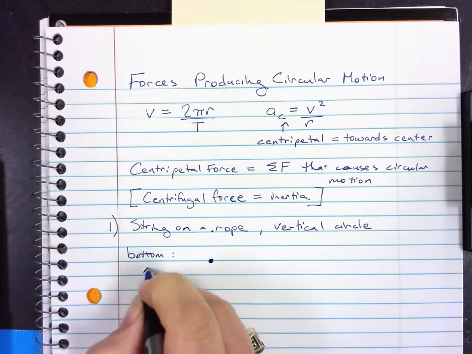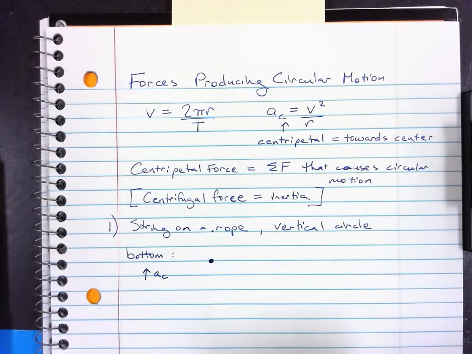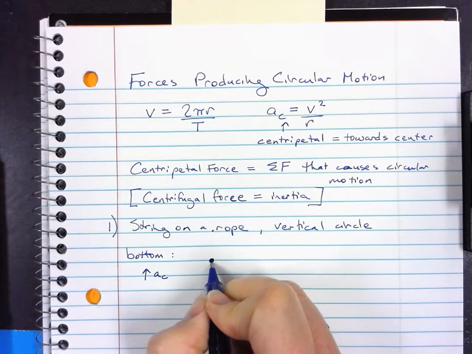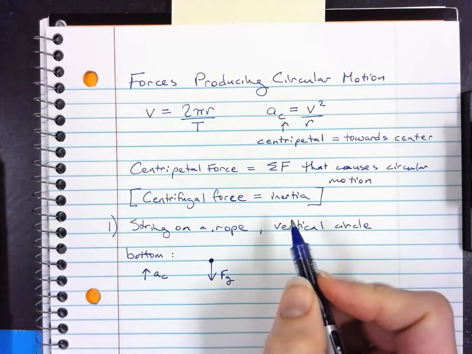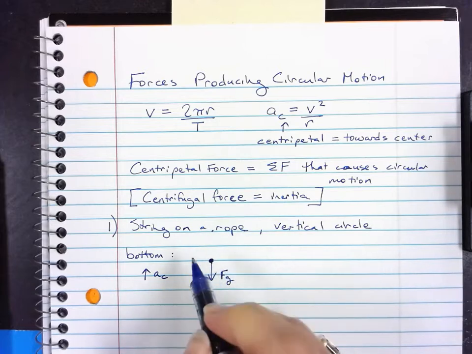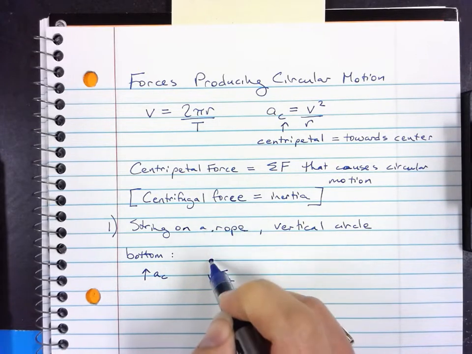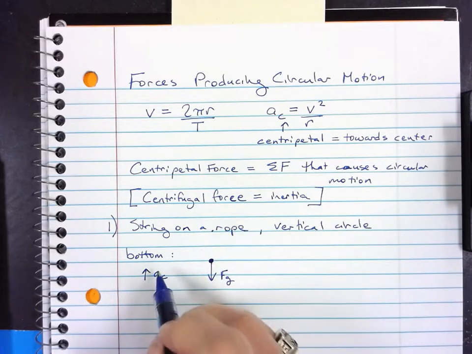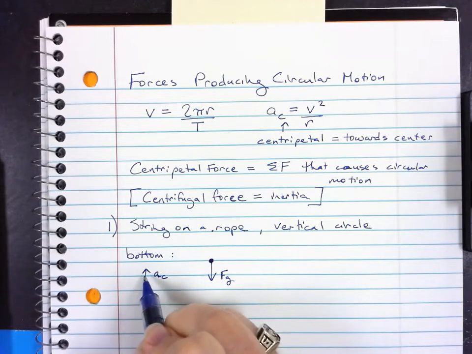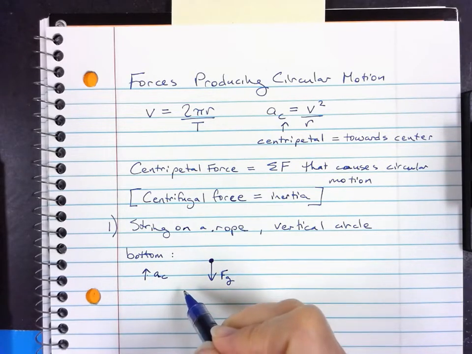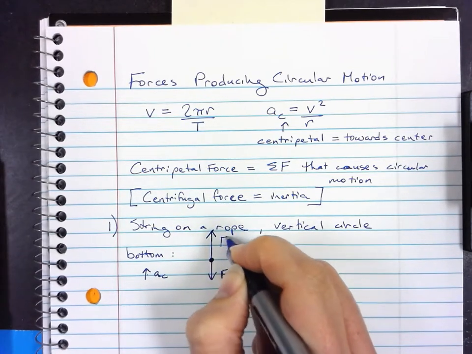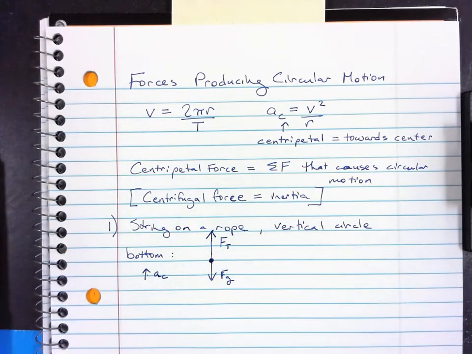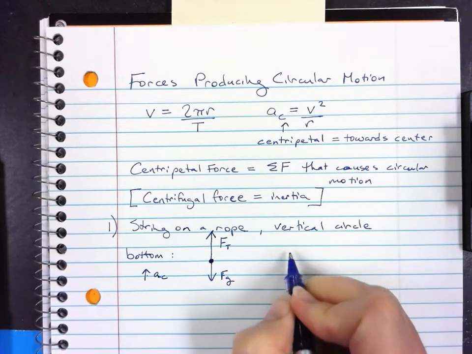So I'm going to write off to the side, the centripetal acceleration is upward. Now of course there's gravity, downward, and the rope, so we have tension. The tension, if you're at the bottom, the rope is above it, so it's pulling upward. And we need to have an acceleration towards the center of the circle. So we need to have a net force towards the center of the circle. So the tension is greater than the force of gravity when we're at the bottom.